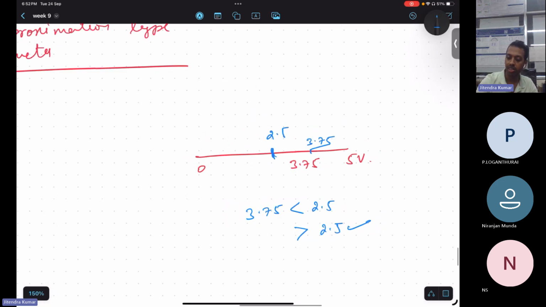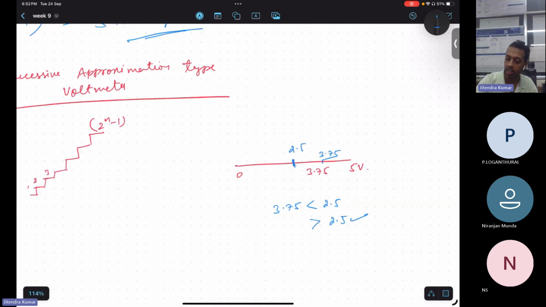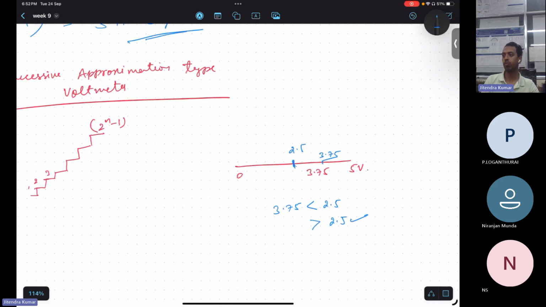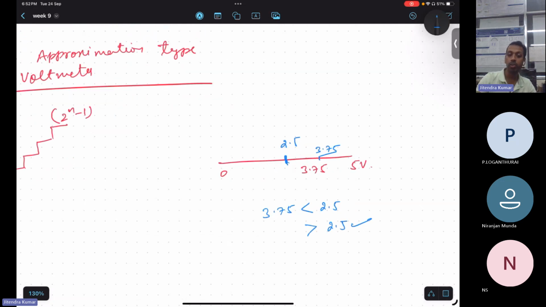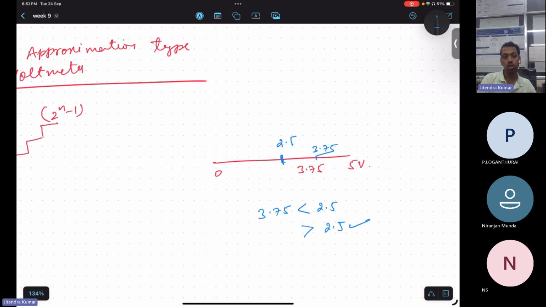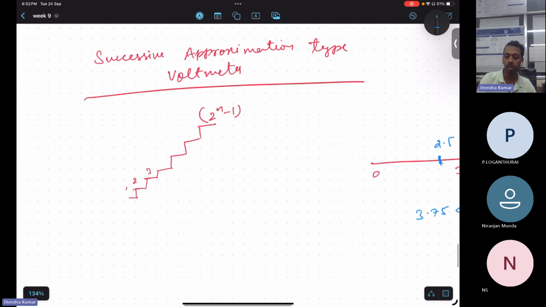So essentially, how many clock cycles did it need? Only 2 clock pulses are required to measure that much voltage, which would have taken how much by the conventional or linear ramp type?